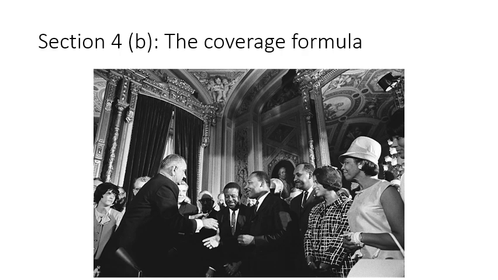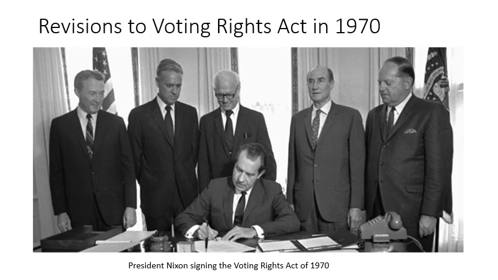So if you had less than 50% registered or voting. According to these rules, the states that were initially covered by the Voting Rights Act were those 7 states I mentioned earlier, the southern states, Mississippi, Alabama, Georgia, South Carolina, and so on.